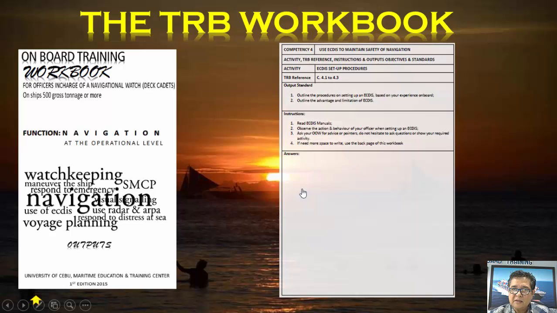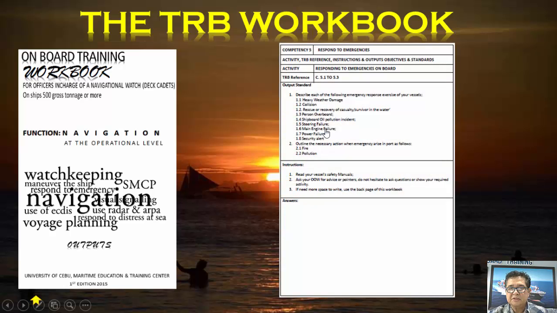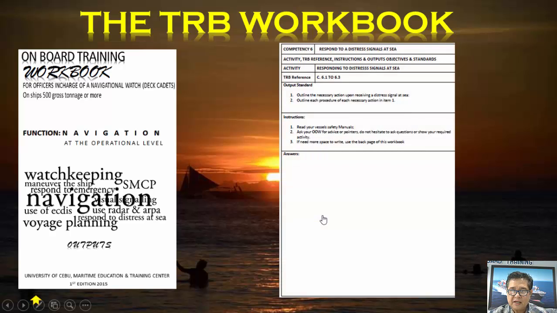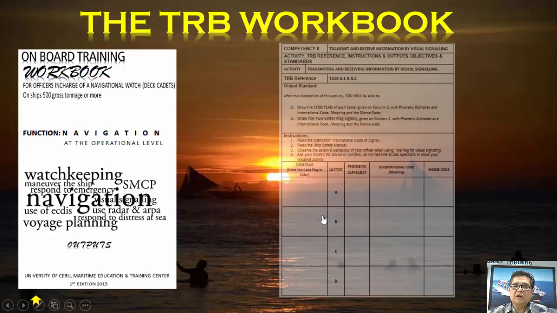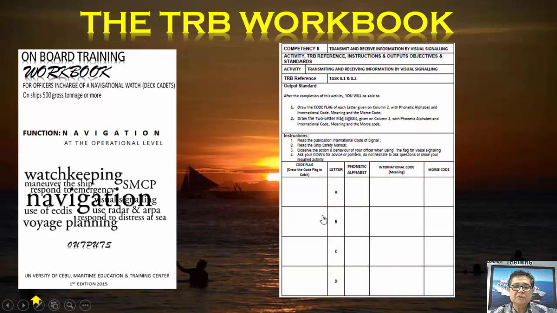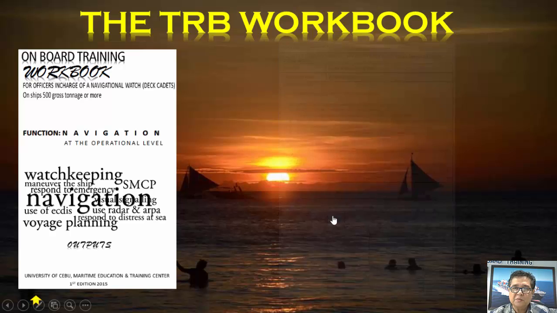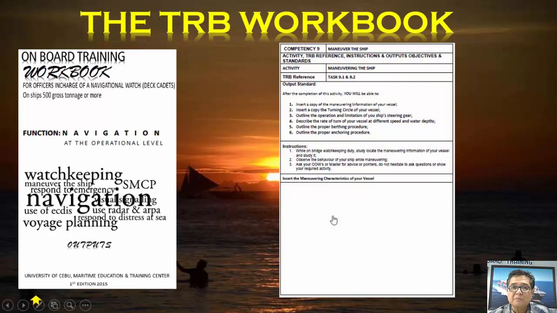Competency 4 will be the same. There is an instruction, there is an output standard, there is a place for the answer. And all the competencies on the function navigation at the operational level, there are 9 competencies. There is an assignment.